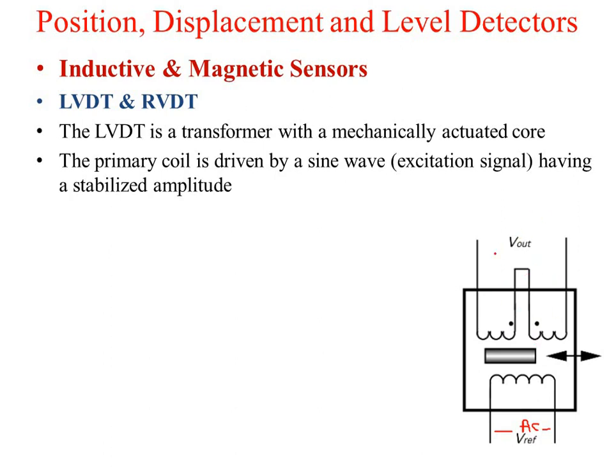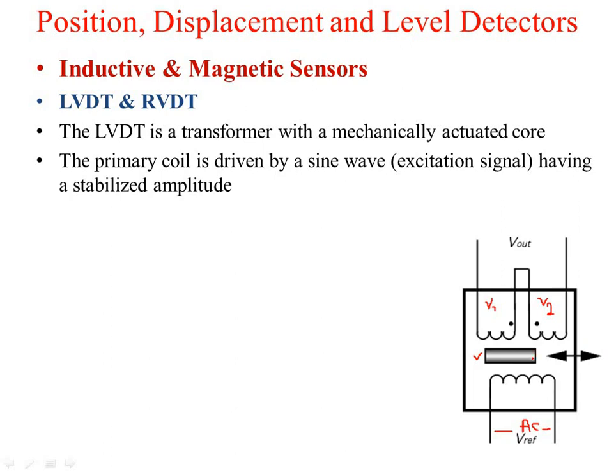So whatever the output is, that output is proportional to the difference between these two. Let us say this is V1 and this is V2, the voltage generated at this end. The output will be the difference between V1 and V2, and it depends upon the displacement of this ferromagnetic material in between. This displacement is linear, that's why it is called a linear displacement type of transducer.